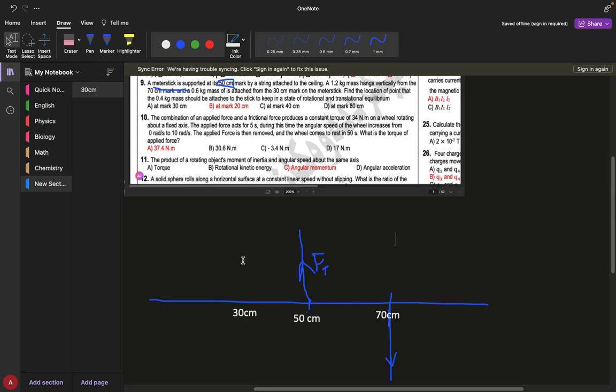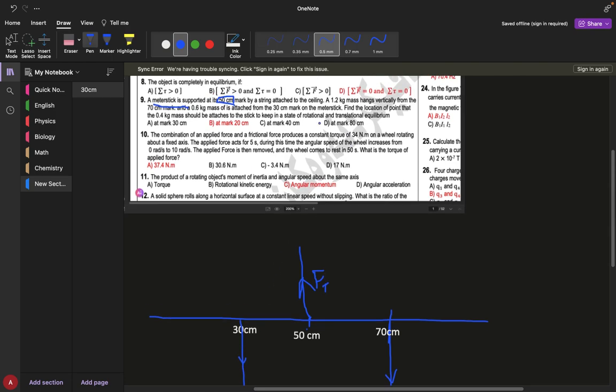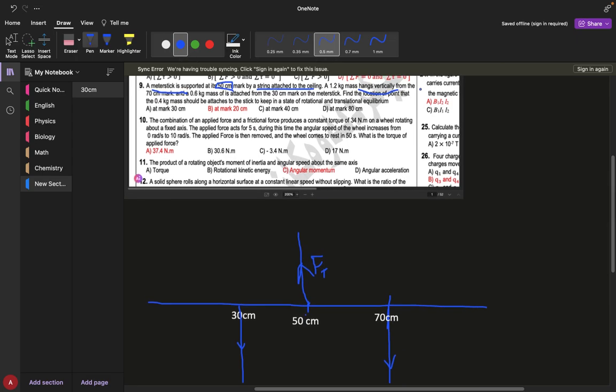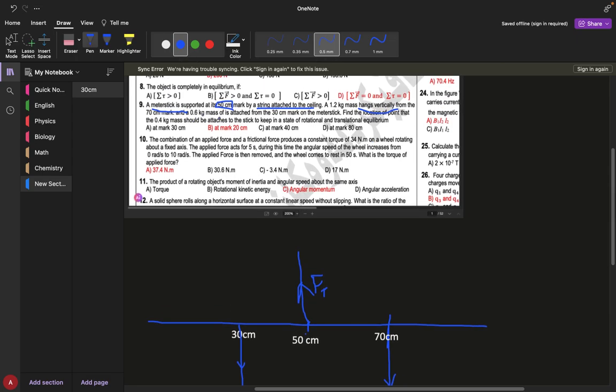It says it is attached by a string attached to the ceiling, so it's a tension force, and it says hangs vertically, so that's correct.